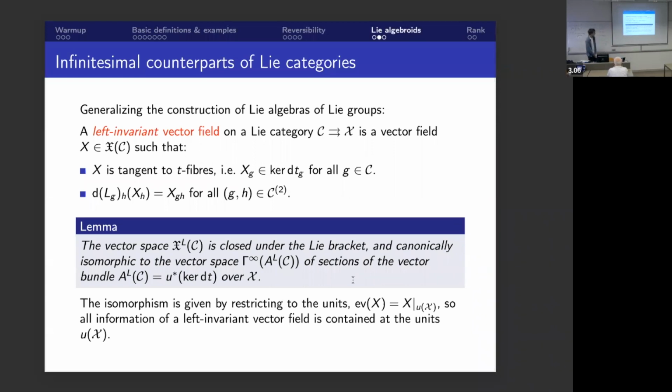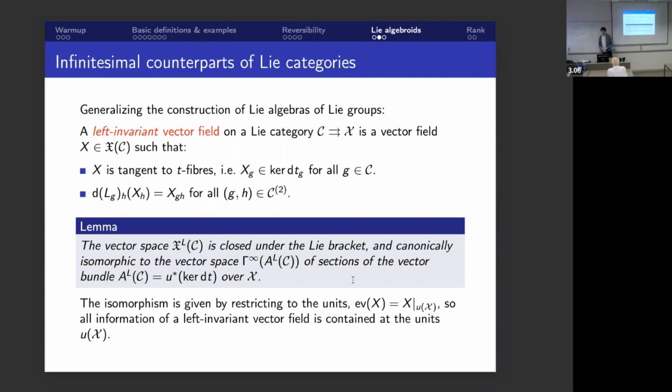Okay. And moreover, it's canonically isomorphic to the vector space of sections of the following vector bundle. This is a very complicated way to say a very simple thing. Remember, from the theory of Lie groups, you have left invariant vector fields, and it's the same as the tangent space at the identity, right? Now what this bundle is doing is just restricting the target fibers, the kernel of dt, to the units.